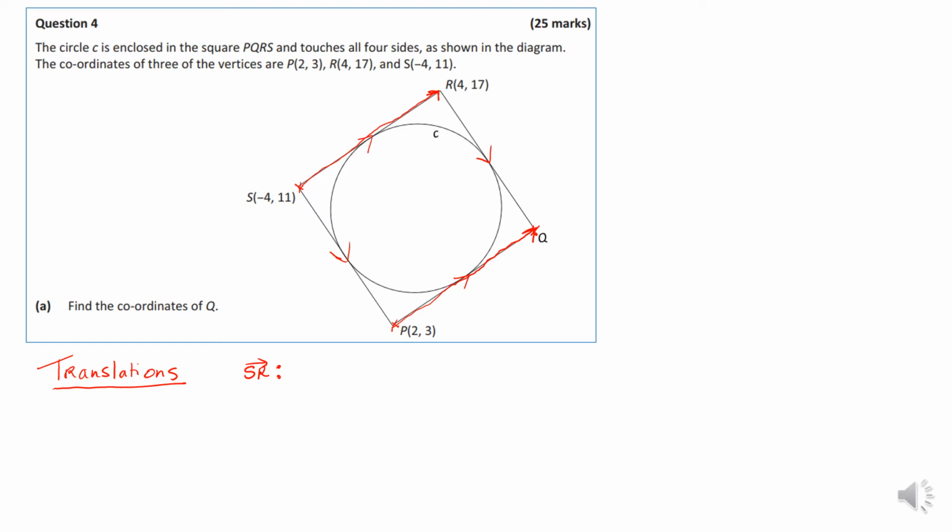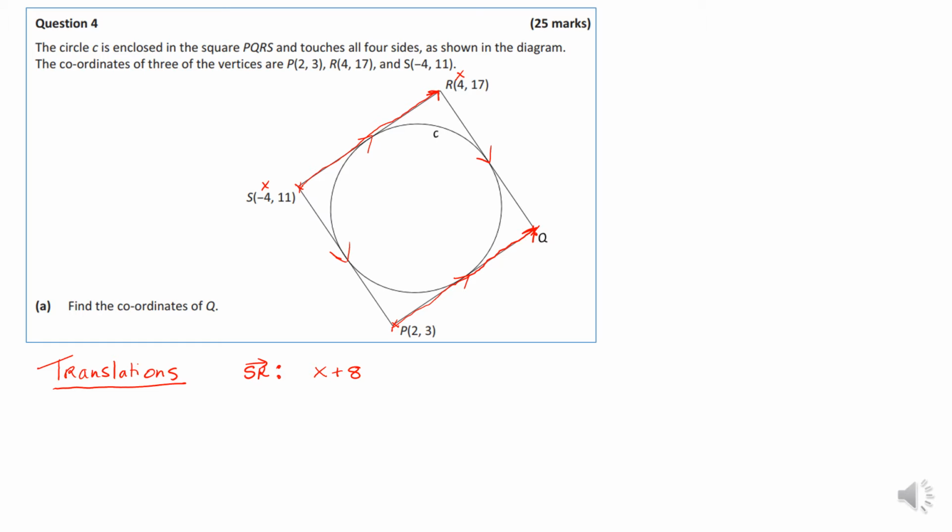So let's look at the x values. To get from point S to point R, the x value increases from -4 to +4. Imagine the x-axis, you're going from -4 to +4. That is a total of 8 units, so you've increased by 8. So the translation will involve increasing the x coordinate by 8.